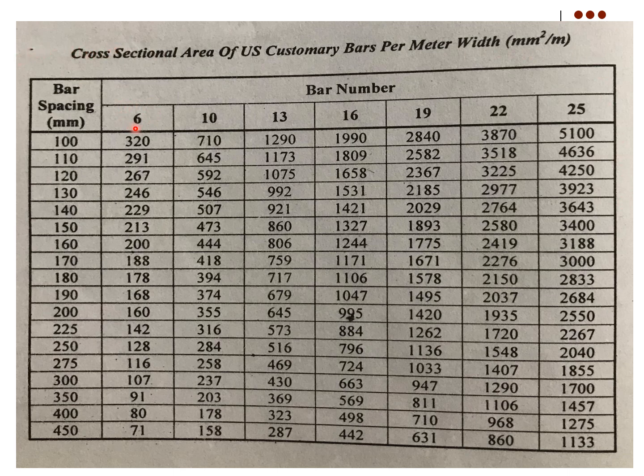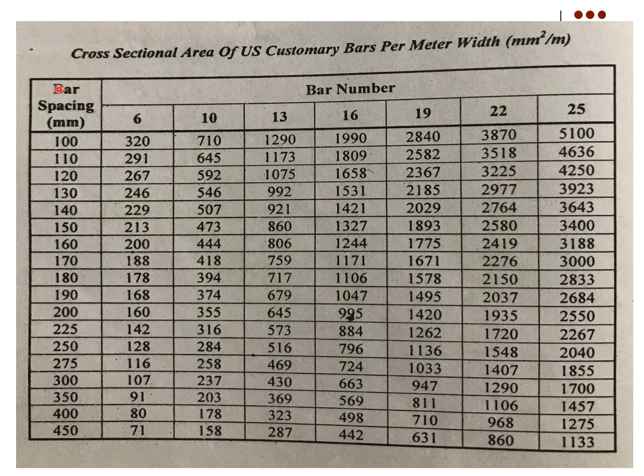In the second row, we can see it is written 6, 10, 13, 16. These are the sizes of the bar. So 6 means 6 millimeter, 10 means 10 millimeter, 13 means 13 millimeter, and 16 means 16 millimeter diameter bar. So this row represents the bar diameter.